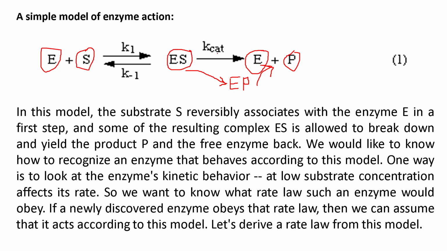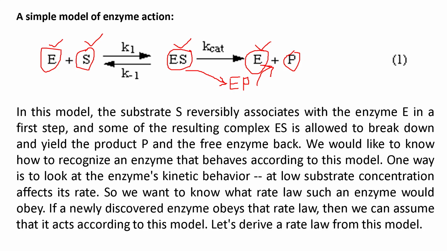So what we are saying is that when the enzyme E binds with S, it will form the ES complex, like I said. And this breaks down to give you your enzyme back in the original conformation. Okay.